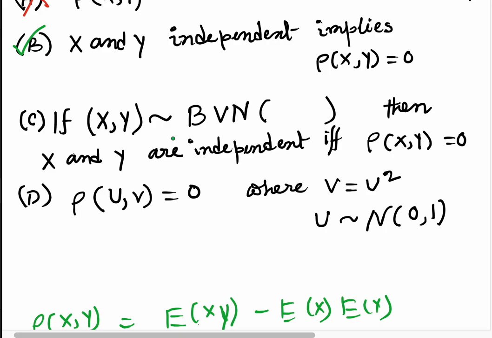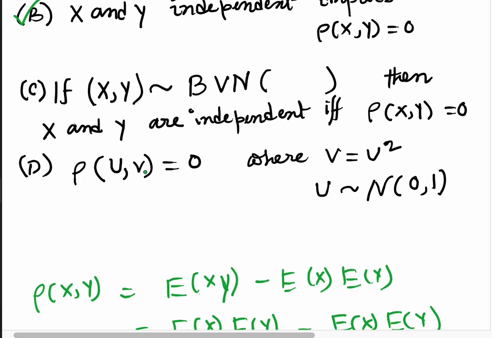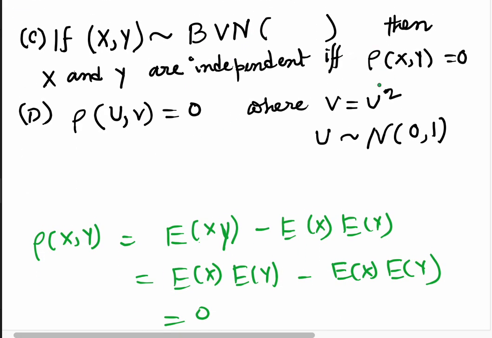Now if X and Y are bivariate normal, then X and Y are independent if and only if rho(X, Y) = 0.